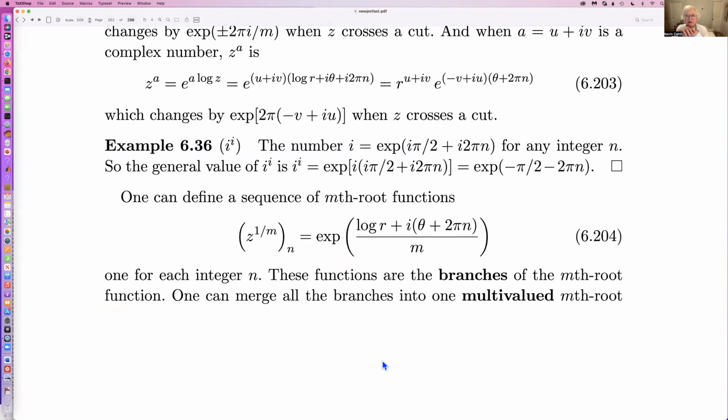One example is I to the I. And, well, what's I? Well, you can regard I as e to the I pi over 2 plus I 2 pi n. So I to the I is e to the I times this thing, and that's e to the minus pi over 2 minus 2 pi n.